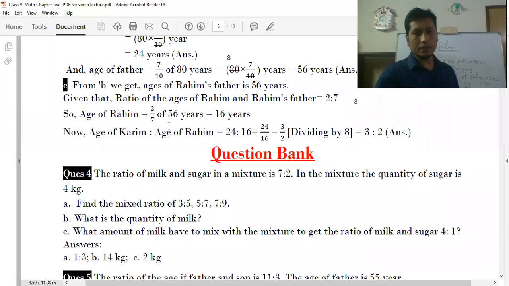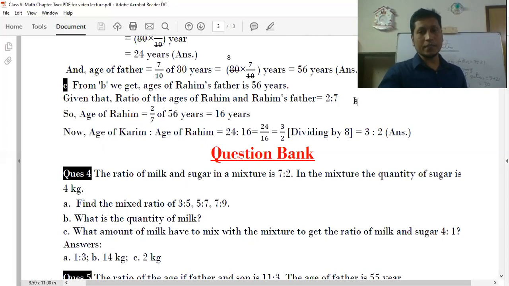If we can know the age of Rahim, then we can easily find the ratio of their ages. From B, Rahim's father's age is 56 years. You can see, and the ratio of the ages of Rahim and Rahim's father is 2:7. Their ratio is given, 2:7. So we have known Rahim's father's age.